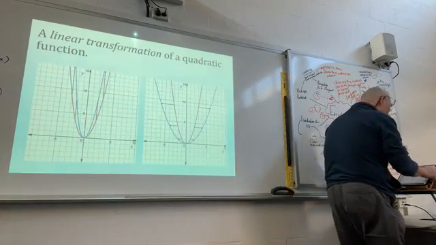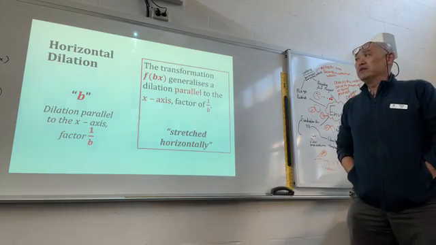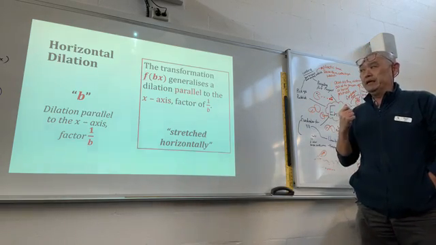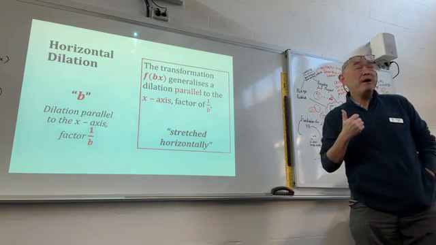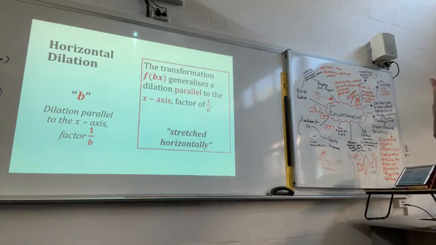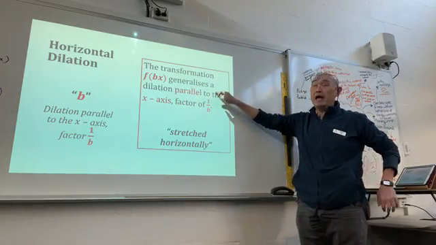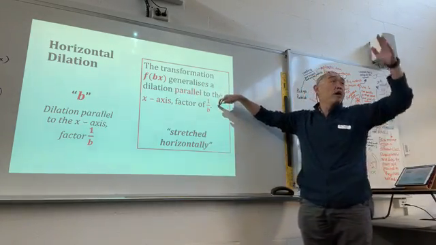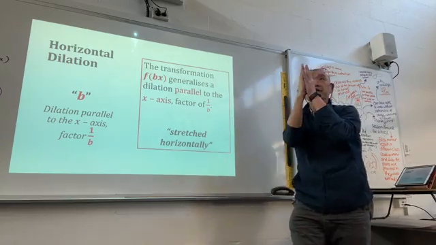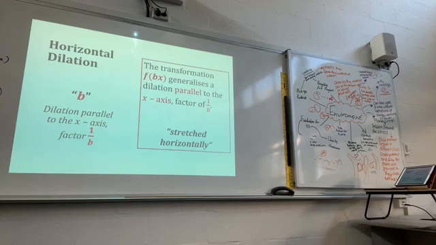All right? Now, first thing let's look at is the horizontal dilation, which is b. Is dilation parallel to the x-axis? And the transformation f(bx) generalizes a dilation parallel to the x-axis with a factor of 1 over b, which, if you can think about it, is stretched horizontally.